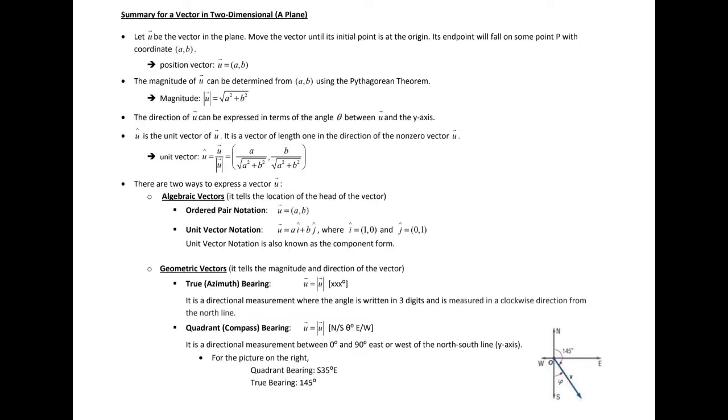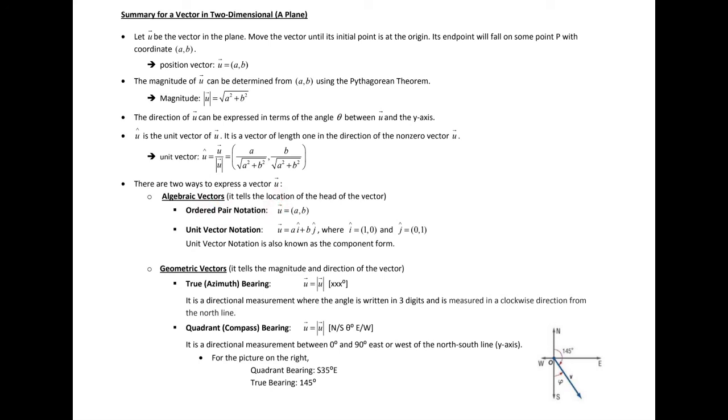Now, let's do a summary for the vector in two-dimensional plane. So vector U can always be written as a position vector, and AB is the location of the head. And we always can use Pythagorean theorem to find the magnitude of the vector U. And unit vector can be found by using the vector U divided by the magnitude of U, which is denoted by a cap or a V hat on top of the U. And there are two ways to represent the vector U. The first one is called algebraic vectors, which indicates the location of the head.